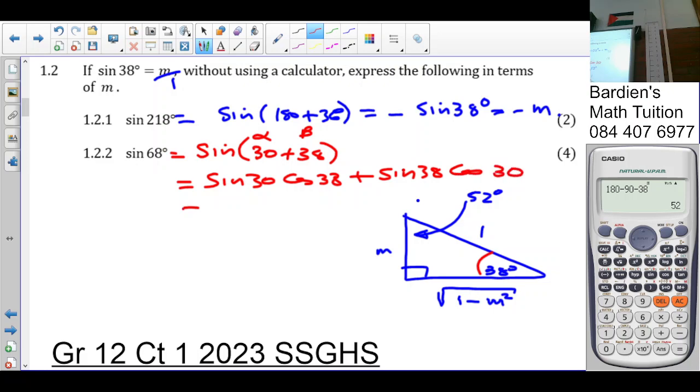Okay. So we have the 38 degree triangle. The other triangle we need, of course, is the 30 degrees. So that's 1, 2, root 3.